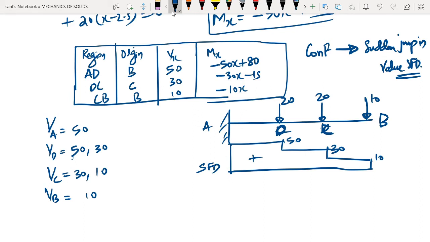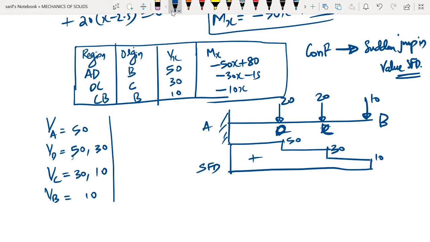Now the next thing we have to do is calculate the salient points for the bending moment diagram. Here, if you look, the shear force diagram was not having any variation. They were constant values, and the origin did not really matter.